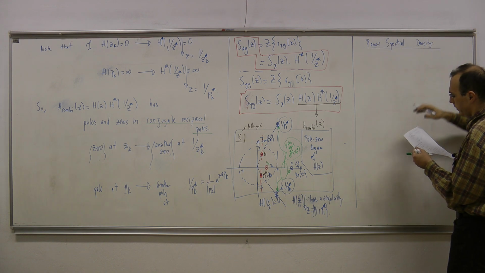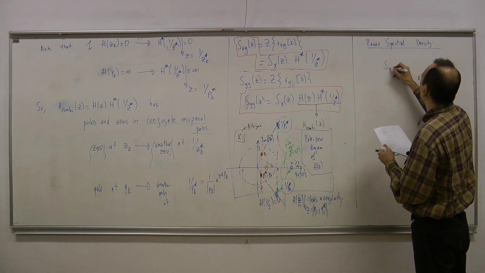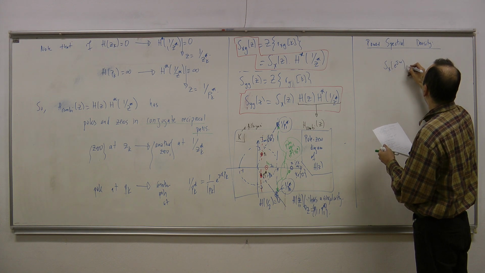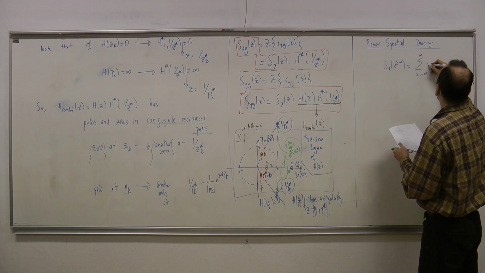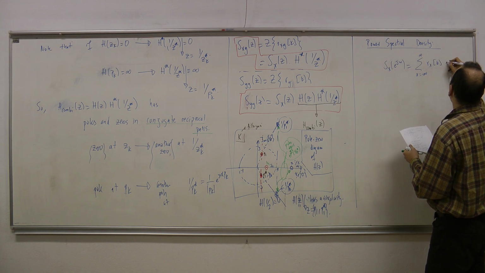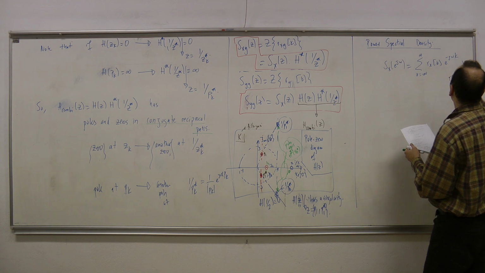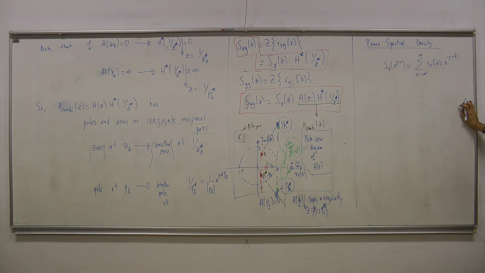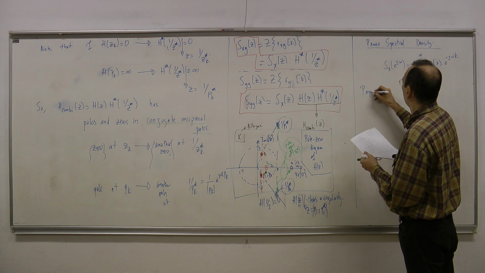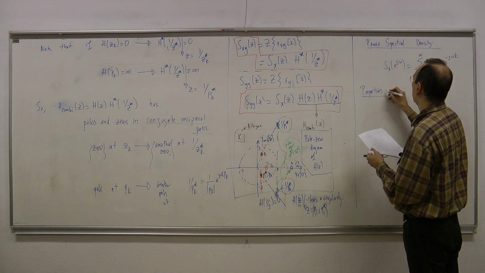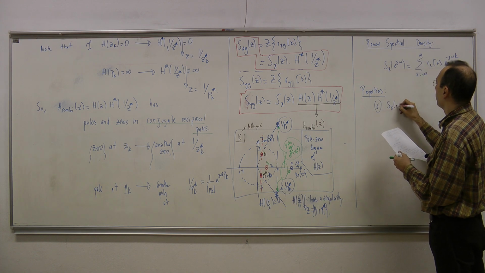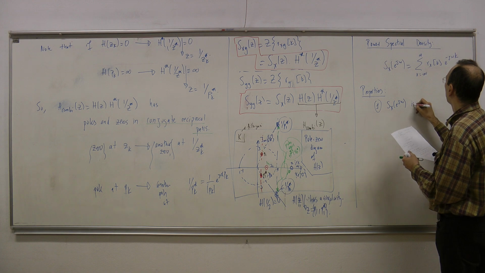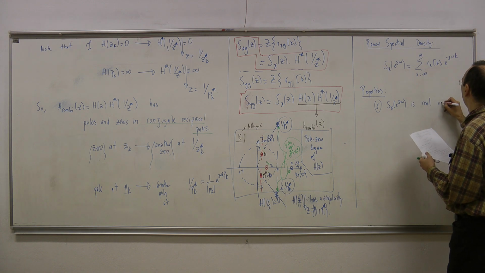Power spectral density. So this is the definition, the DTFT. Number one, properties. Some of these properties are very easy. Well, Sx e to the j omega is real valued.